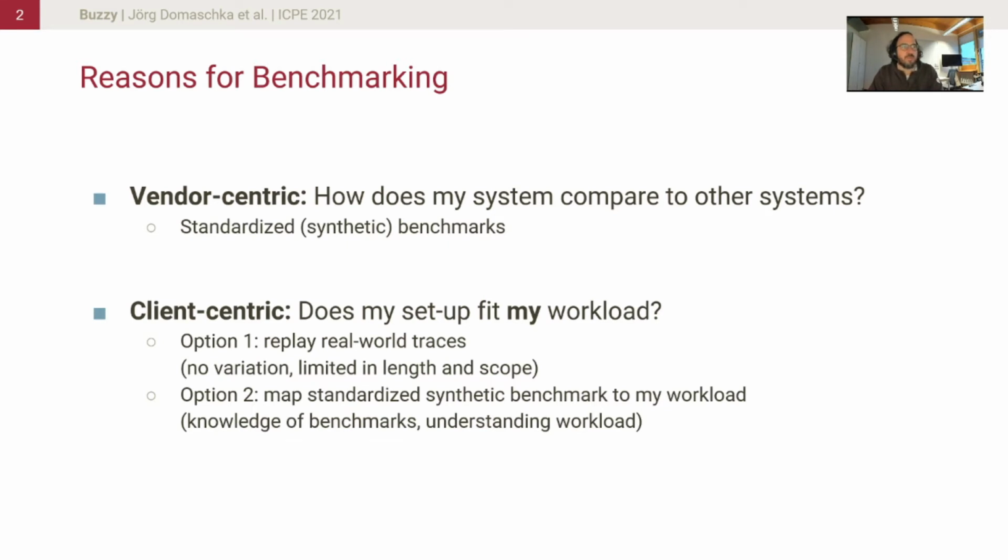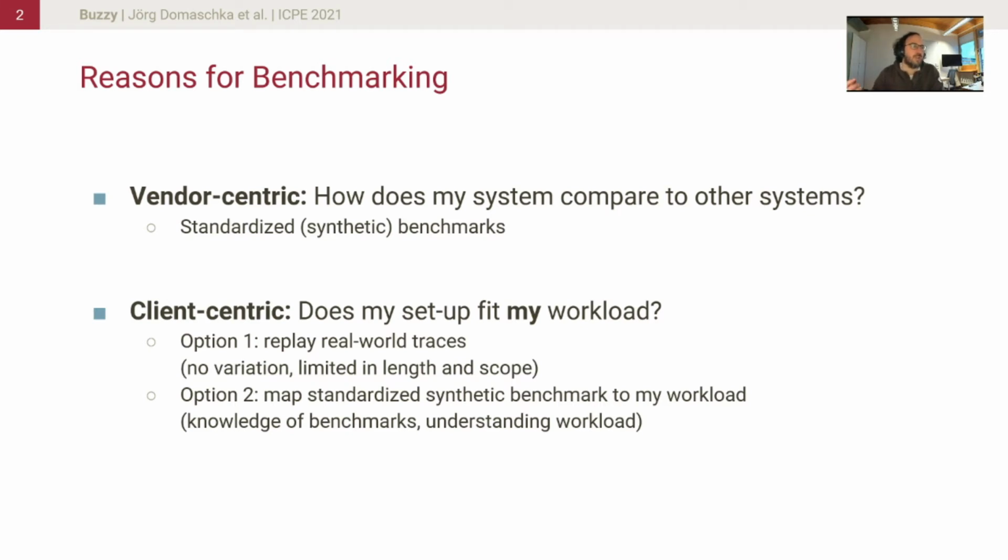Option two would be to fall back again to the standardized synthetic benchmarks. And in these cases, you would have to find one of the benchmarks that fits your workload. So you would need an understanding of a large amount of benchmarks available, and you would then have the techniques and the skills to map one of these benchmarks to your workload under the condition that you understand actually what your workload is.